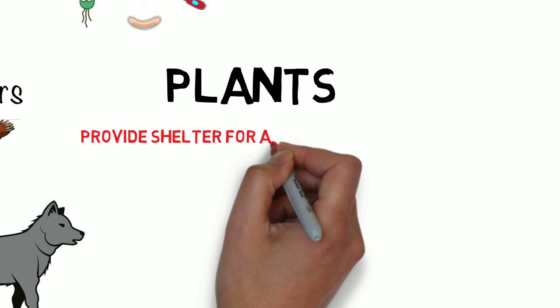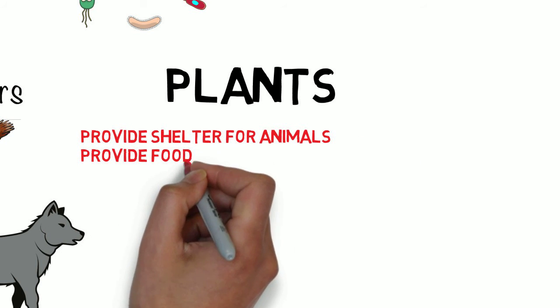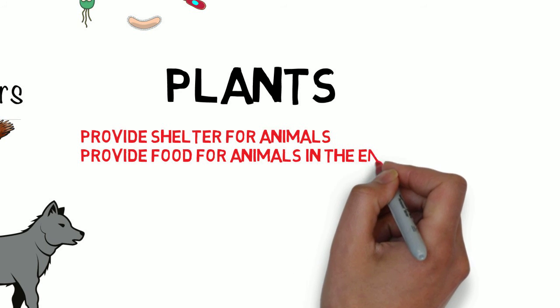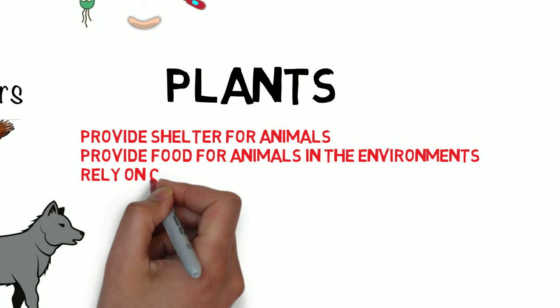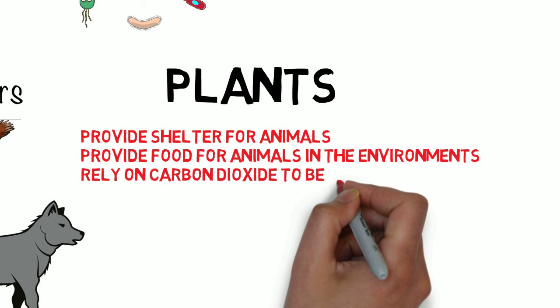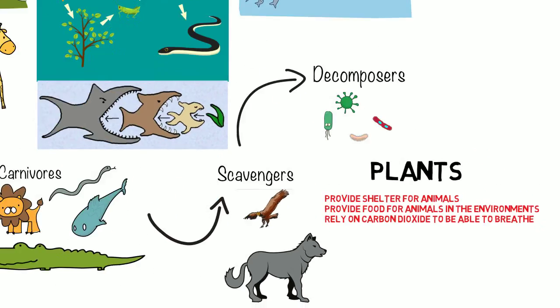They do many things. They help provide shelter for animals that live in those environments. They help provide food for animals all the time. And they also are helped by animals because animals produce carbon dioxide, and that's what the plants need in order to live. So everything really kind of helps each other.